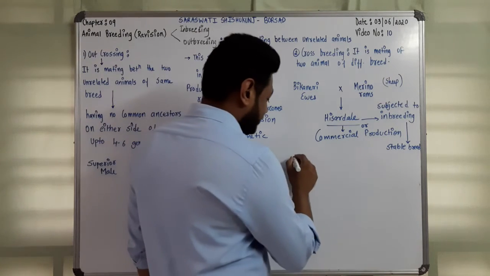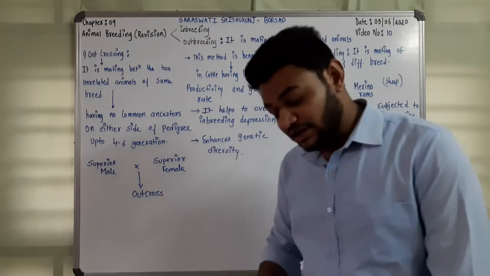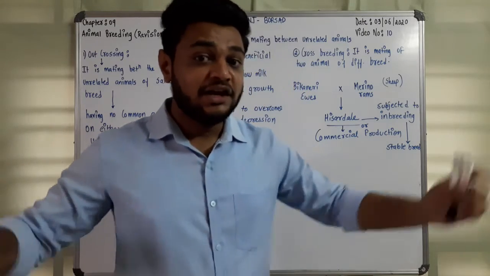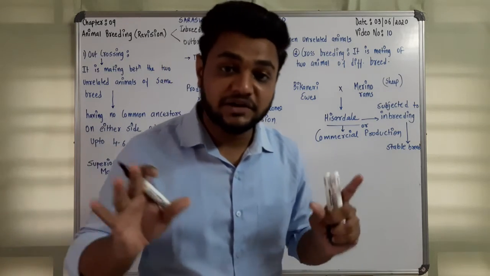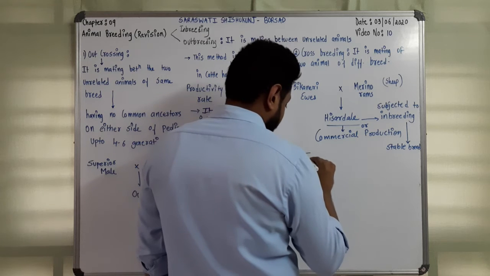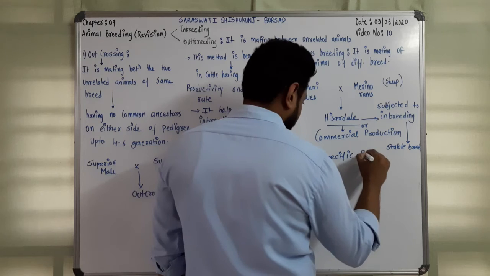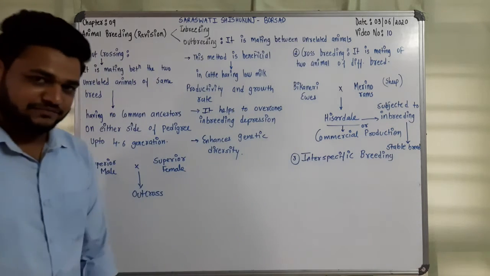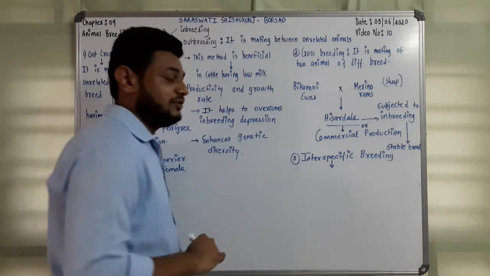Now let us think about the third and last one. The third type of breeding is interspecific breeding. By its name you can understand it is the breeding between two different species. Let me write the definition.